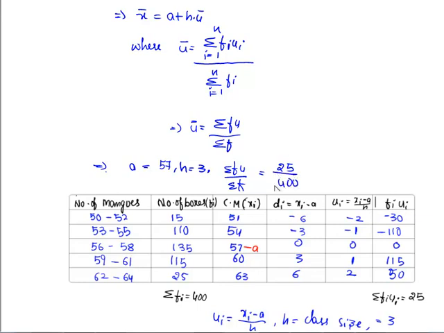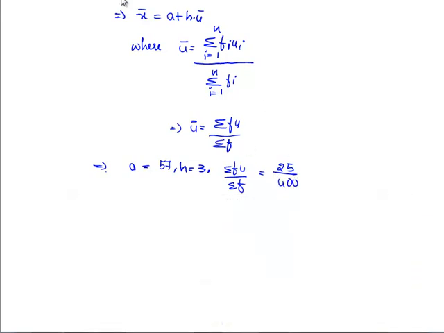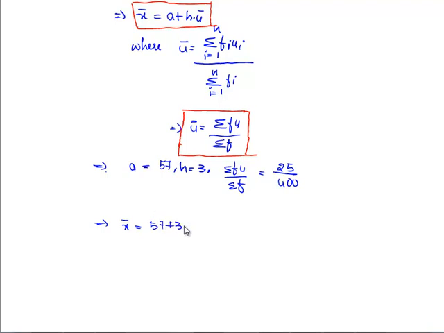Substituting these values into the given formula, u bar is sigma fu by sigma f and x bar is equal to a plus h u bar, we get x bar is equal to 57 plus 3 into 25 by 400.